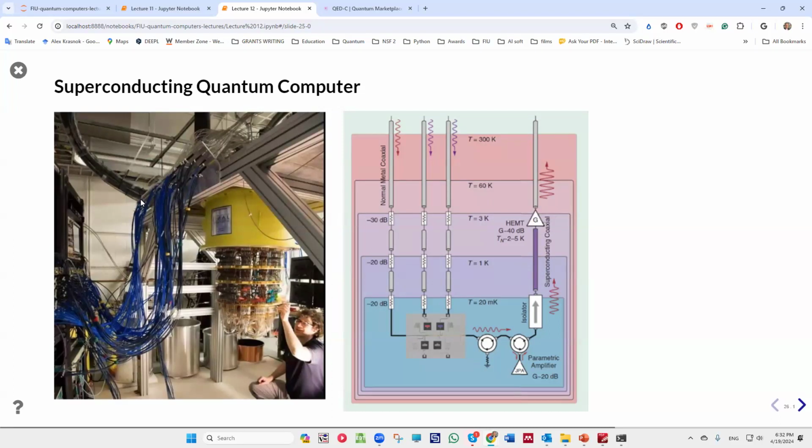If you go to thousands, like 10,000, 100,000, this microwave facility becomes extremely large, and this is what we call the scalability bottleneck. We simply cannot put more and more qubits because of this microwave facility, because of these wires and so on.